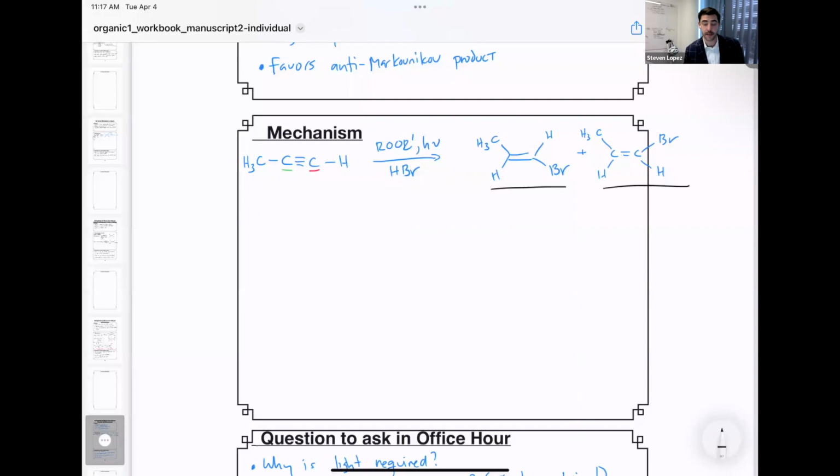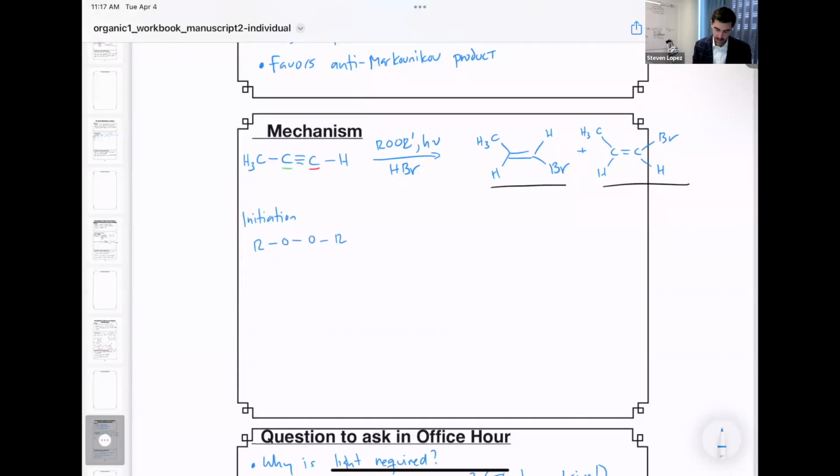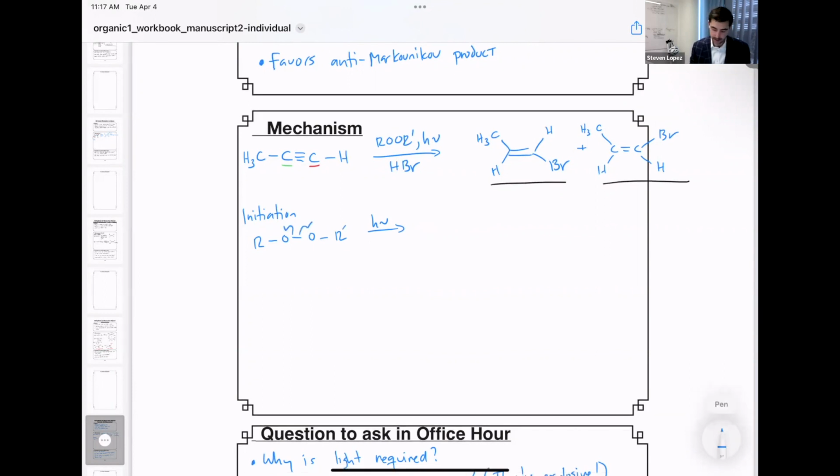So let's talk about the mechanism. In the initiation step, the oxygen-oxygen bond cleaves in a homolytic fashion, which makes an alkoxy radical, and in this case, because the R groups are different, another alkoxy radical.